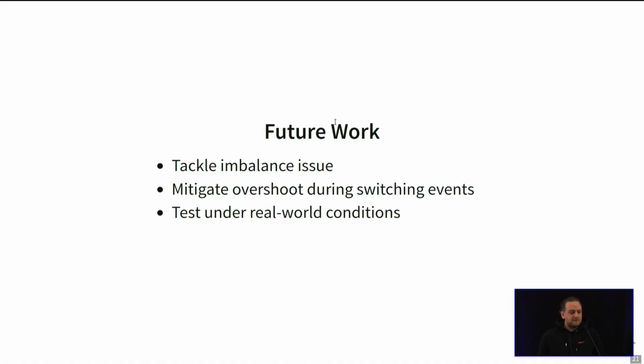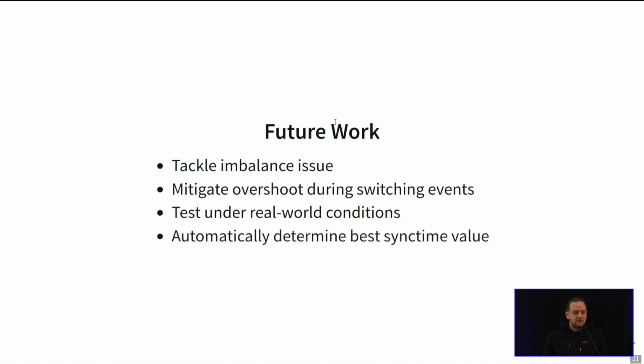And the traffic we have tested this with is very synthetic, so seeing some performance under real-world conditions would be very insightful, and finding ways to determine the sync time automatically so that nobody needs to configure that by hand. And now Toke will go into the details of our plans to upstream this work.